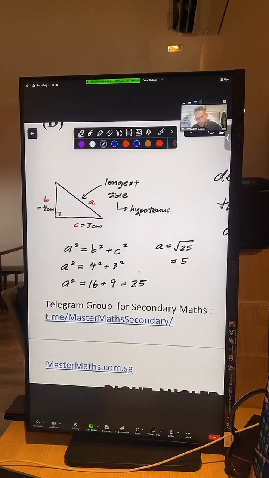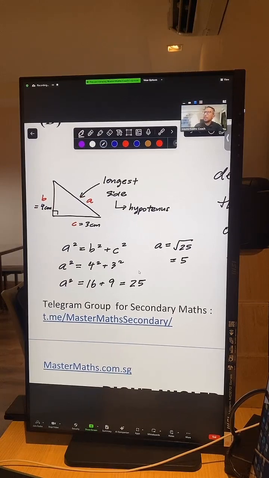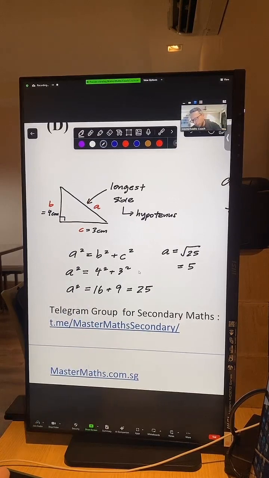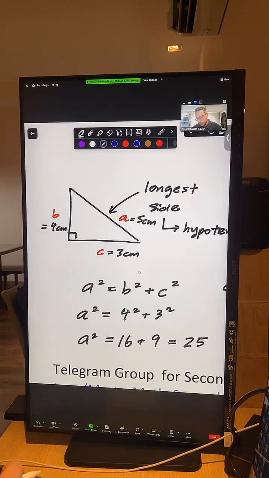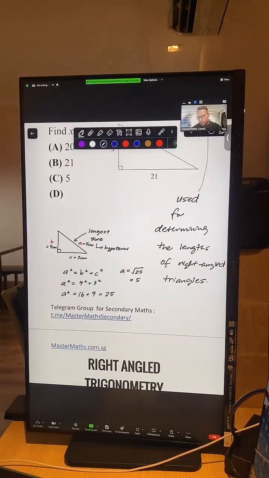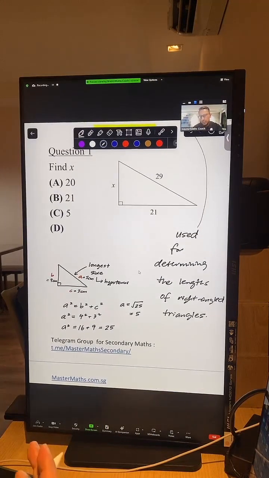So in such a scenario where your two other sides are 4 cm and 3 cm, your longest side will be 5 cm. I hope you all can see that. So this is Pythagoras theorem in a nutshell. This is how we would use Pythagoras theorem to determine a particular side.